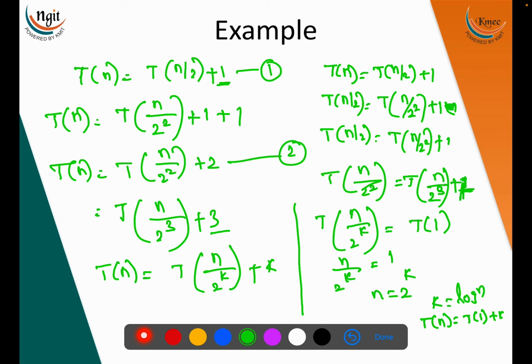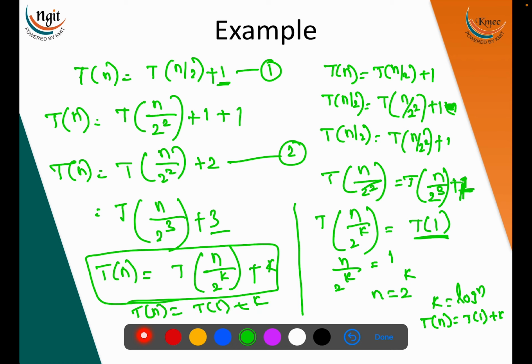So why have I taken T of 1? Because T of n by 2 power k is what? T of 1. So it becomes T of n is equal to T of 1 plus k. T of 1 is 1 in the recurrence relation. What is the k value?